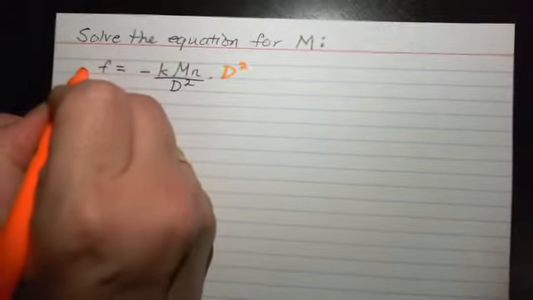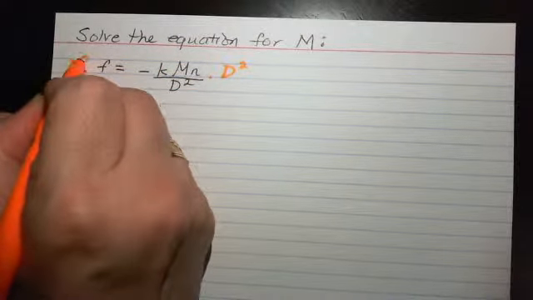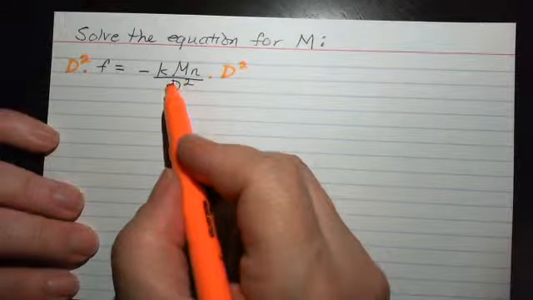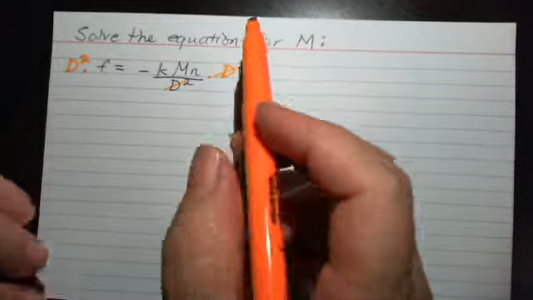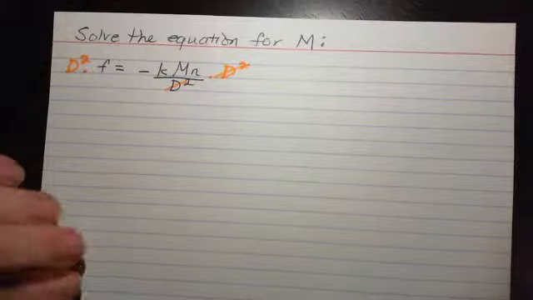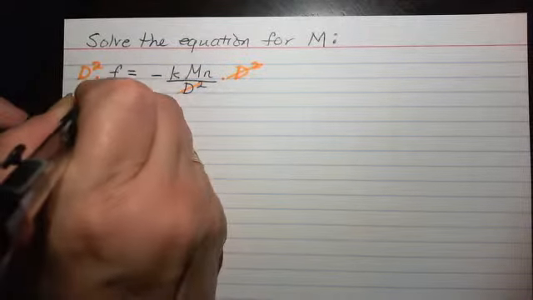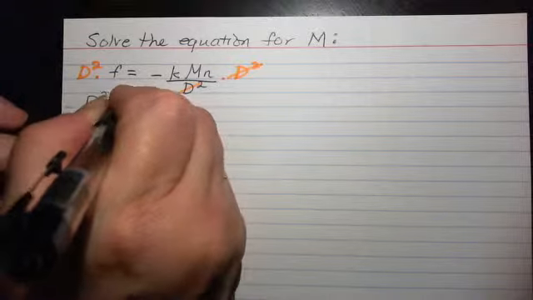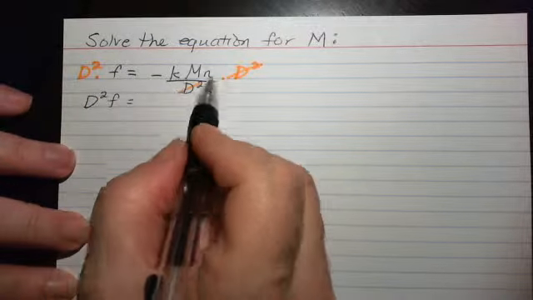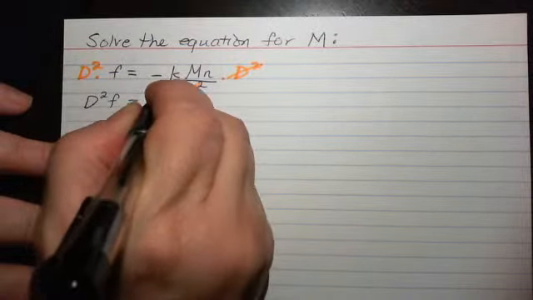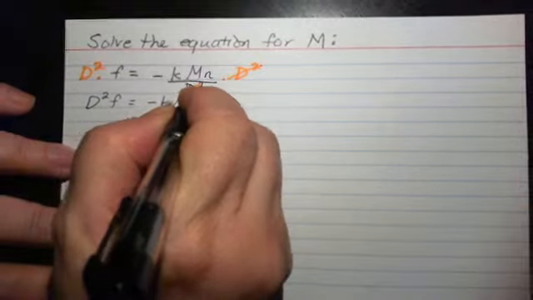Since there's only one denominator, it's easy to tell that it's d squared. That allows us to cancel the denominator. On the left side we carry out the multiplication, that's d squared times f, and on the right side we now just have negative k m n.